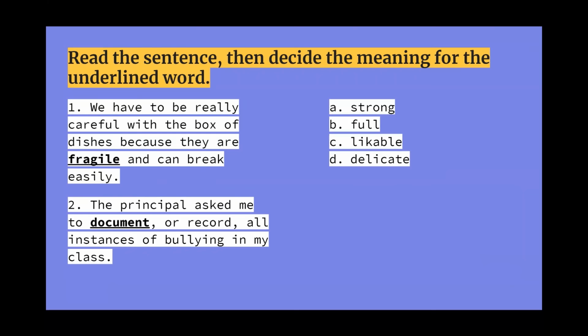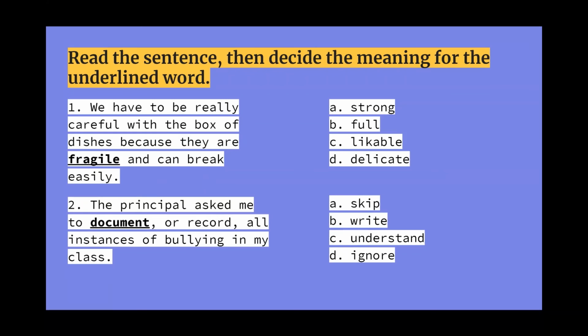For number 1, we have A, strong, B, full, C, likable, or D, delicate. In our first sentence, we're looking for the meaning of fragile. And our second set of answers is A, skip, B, write, C, understand, or D, ignore.